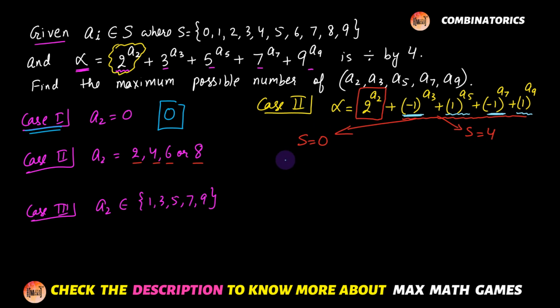So now A5 and A9 can belong to the set S, because irrespective of whether A5 or A9 is positive or negative, this expression will always amount to 1. Similarly, this expression will always be equal to 1.